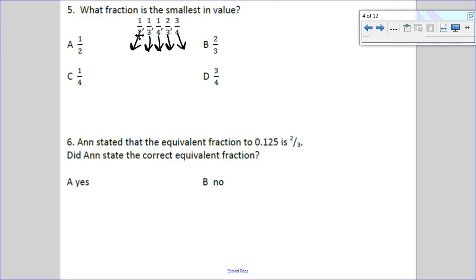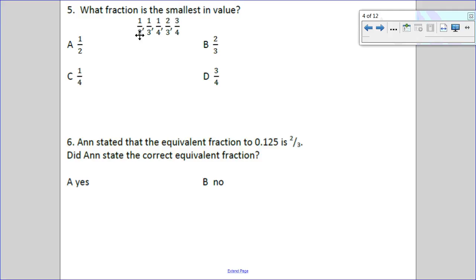So what we're going to have to do is find the common denominator for all of these. Okay? So just by looking, I can go ahead and tell you that's going to be 12. That's the smallest number that I can see that I know is a multiple of 2, 3, and 4, which are all the numbers on the bottom.